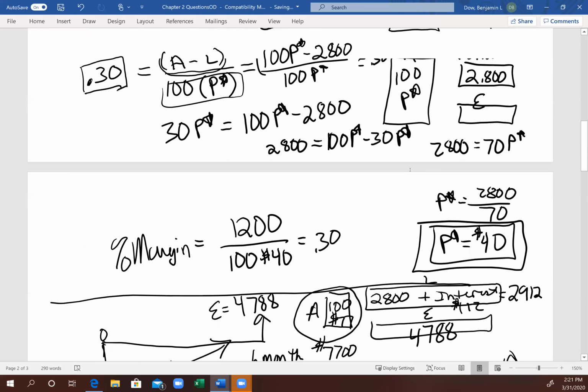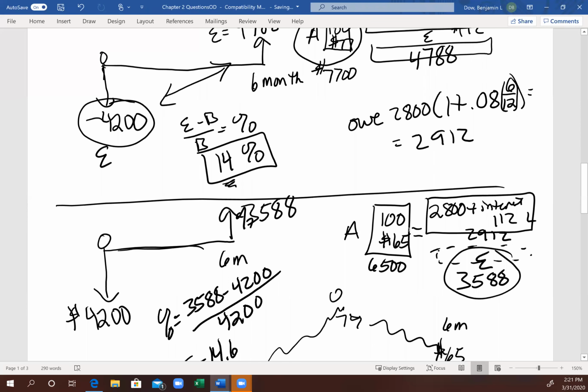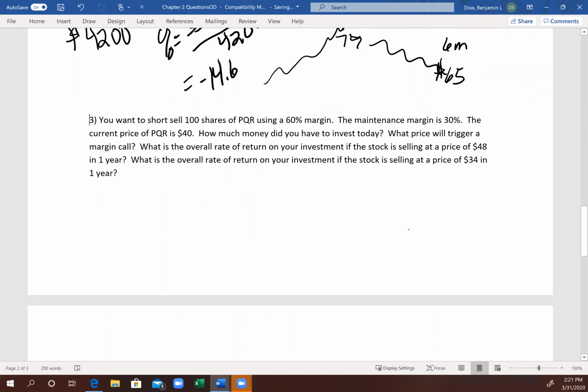So we went from 70 initially down to 65. So I'll look here. We went from $70 down to 65. It went down $5, and we had a magnified loss.